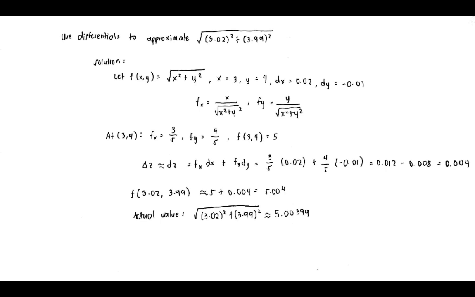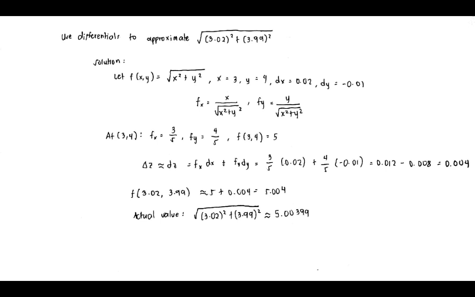We have now f_x equal to x over the square root of x squared plus y squared, and our f_y equal to y over the square root of x squared plus y squared. At (3, 4), our f_x is equal to 3/5, our f_y is equal to 4/5, and f(3, 4) is equal to 5.